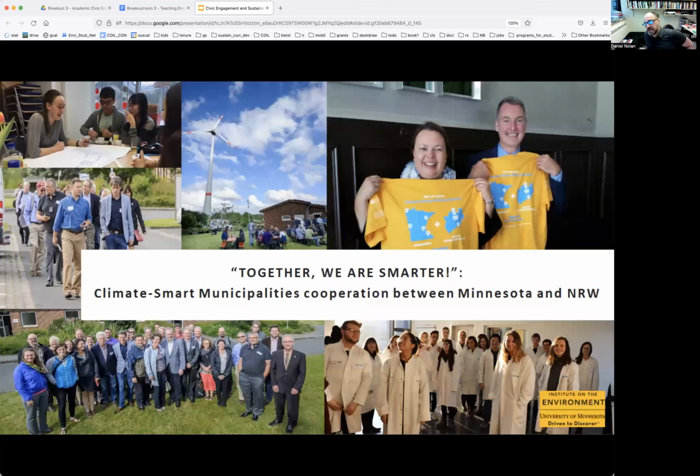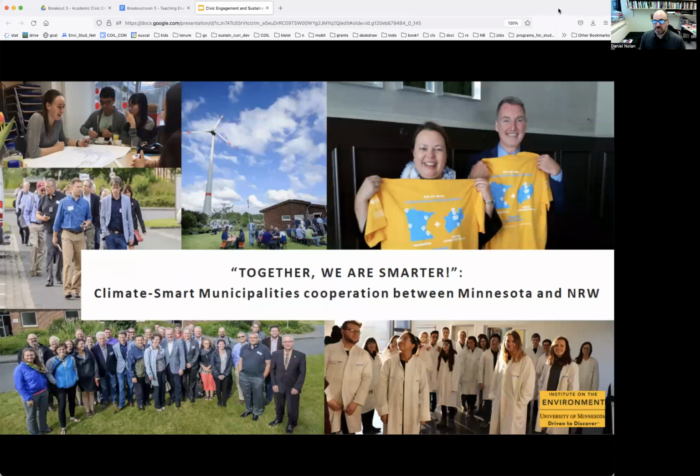And I'm going to use a couple slides here. One is from Sabine Engel, who's the director of the project that I've been lucky to be supported by, Climate Smart Municipalities Exchange, which is run through the Institute on the Environment here at the University of Minnesota. I really like this slide in part because it features the Umweltministerin Ursula Heinen-Esser, of whom I'm a big fan.